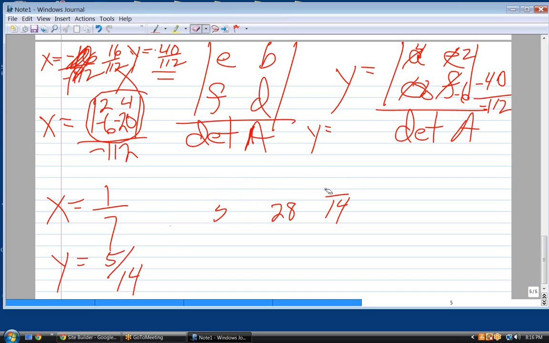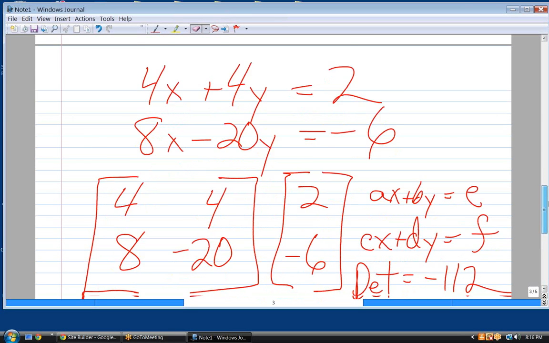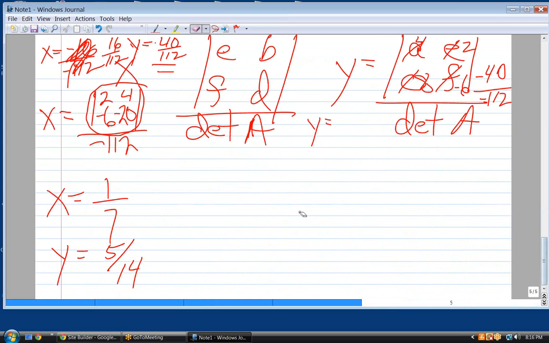And now let's see if that works. What was our equation? 4x plus 4y equals 2.